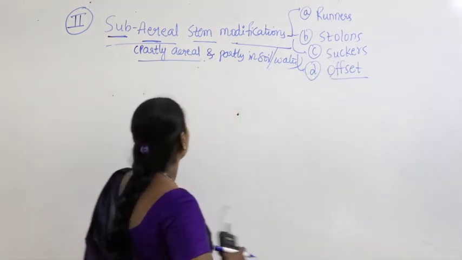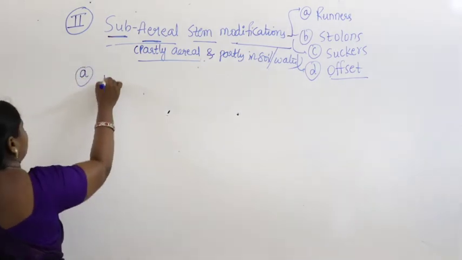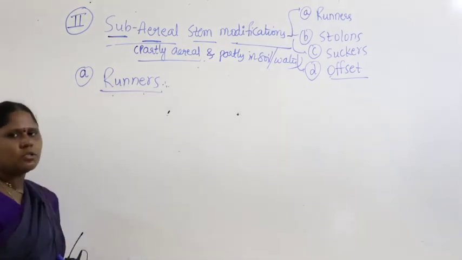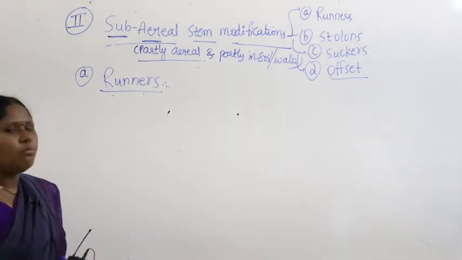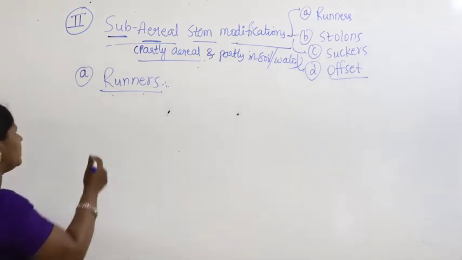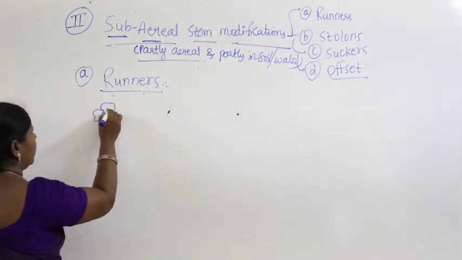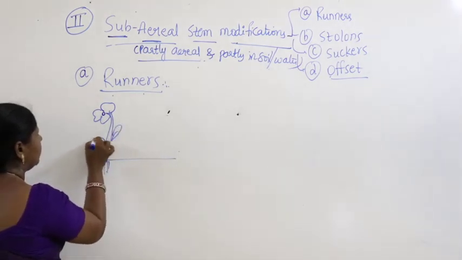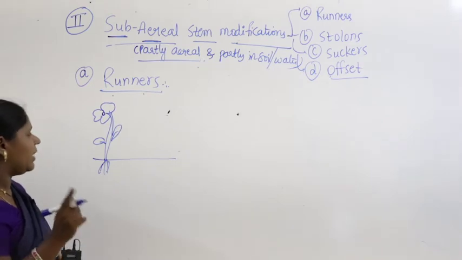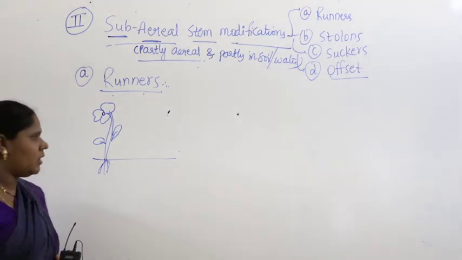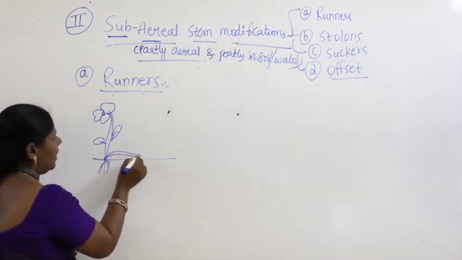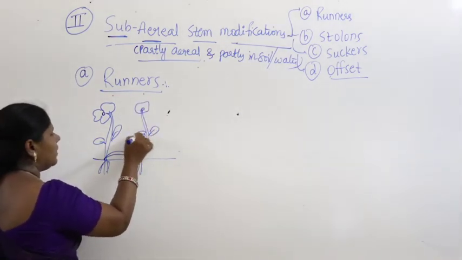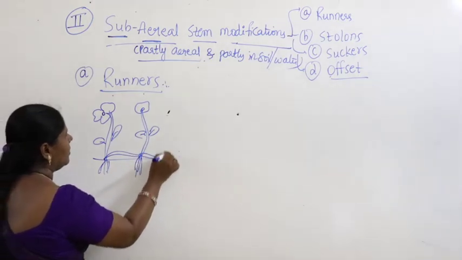Let us talk about the very first one, runners. So, what are these runners? Most commonly if you observe in case of plants, for example, in some cases, if you keep one plant into the soil, that grows horizontally and touches the ground and leads to formation of another plant.